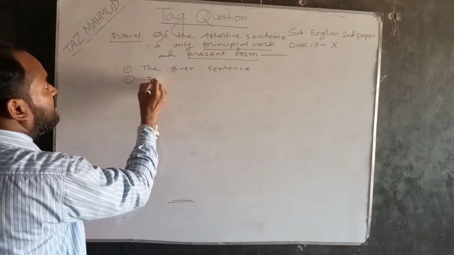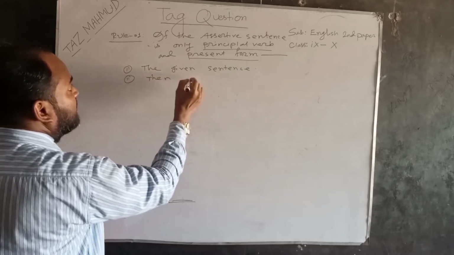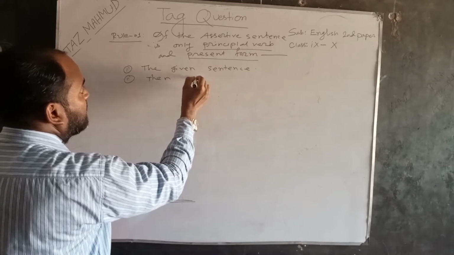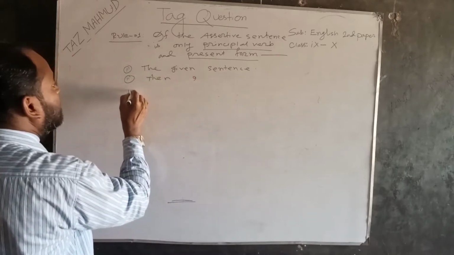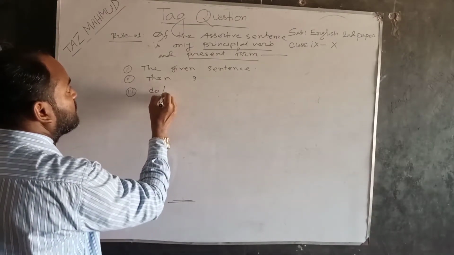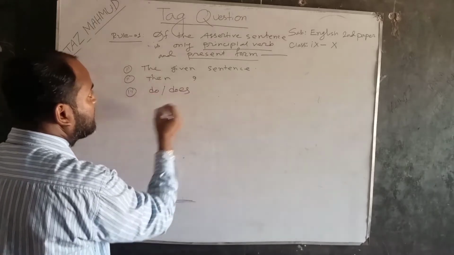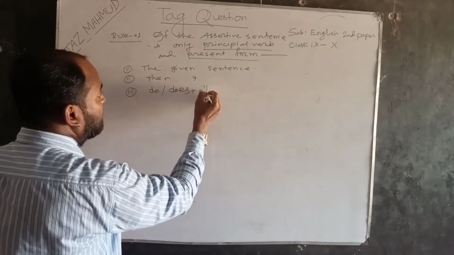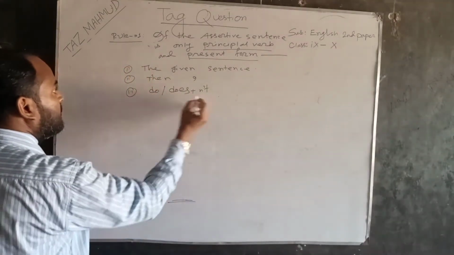Then a comma, then we have to write do or does and negative, not.